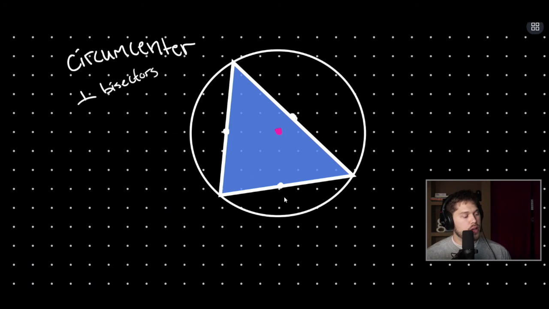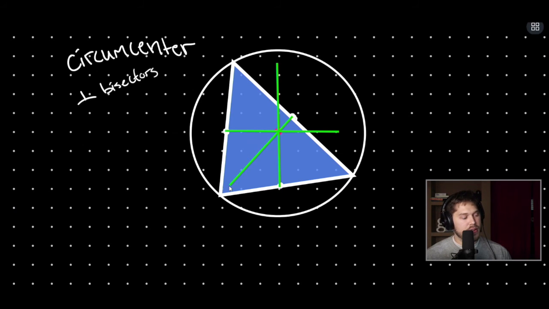Next, we want to draw just a line that is perpendicular, so straight up. So it doesn't necessarily hit the vertex. As you can see, this line doesn't hit the vertex of our triangle at all. We just want to make sure it's a right angle and that it bisects the side lengths, or cuts it in half.